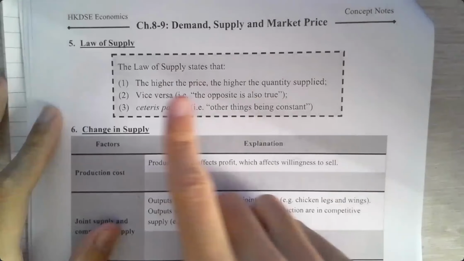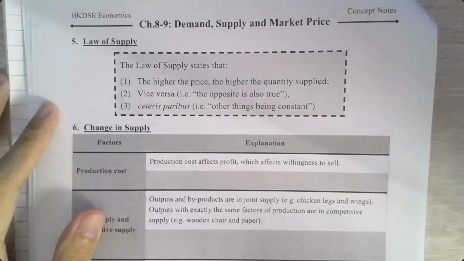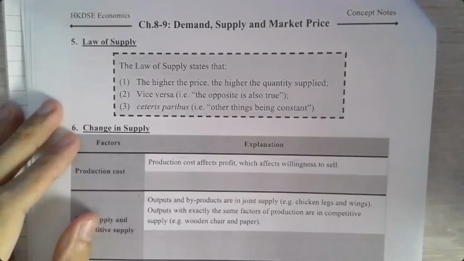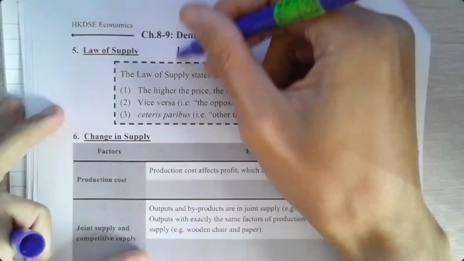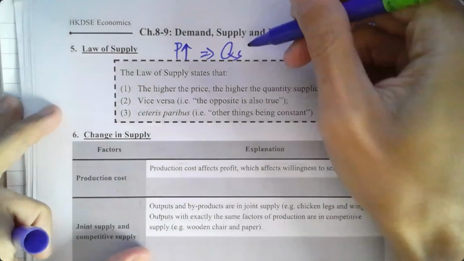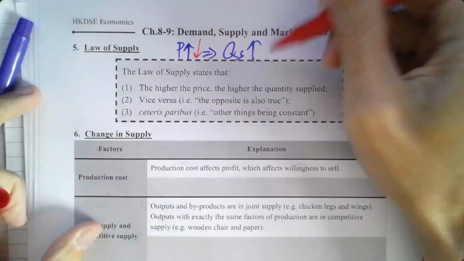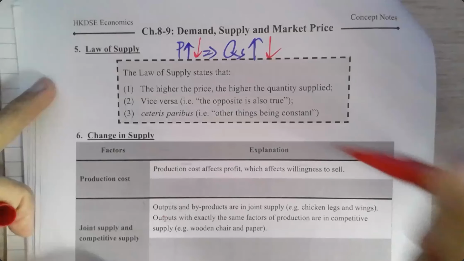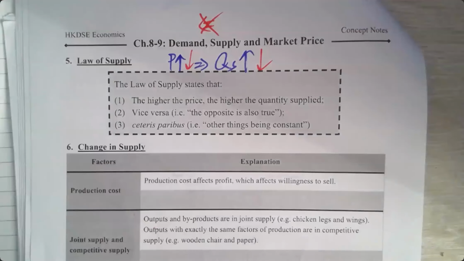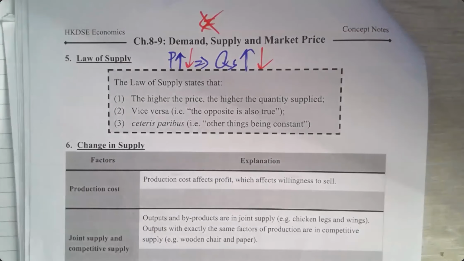The law of supply states that the higher the price, the higher the QS, vice versa, ceteris paribus. P goes up, QS goes up, or the opposite: this one drops, this one drops. Like the law of demand, it doesn't go the other way round. It's a causal relationship. I'm not going to waste your time here.